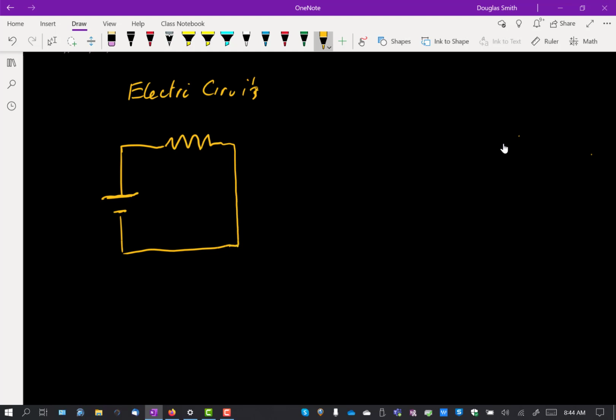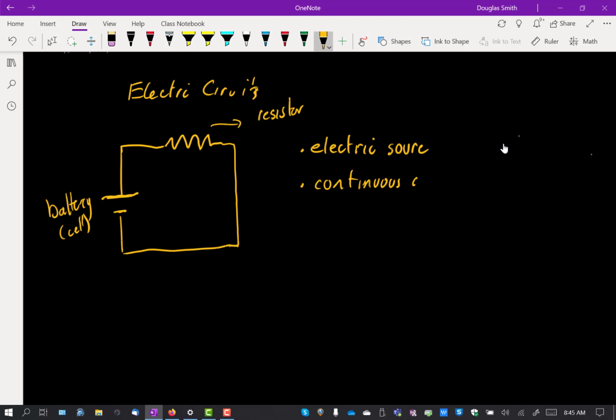So there's an electric circuit. This is a battery, or actually a cell. This is a resistor. And in order for this circuit to be operational, in order for it to work, we need three things. We need an electric source, we need a continuous path of conductors, and we need a device.